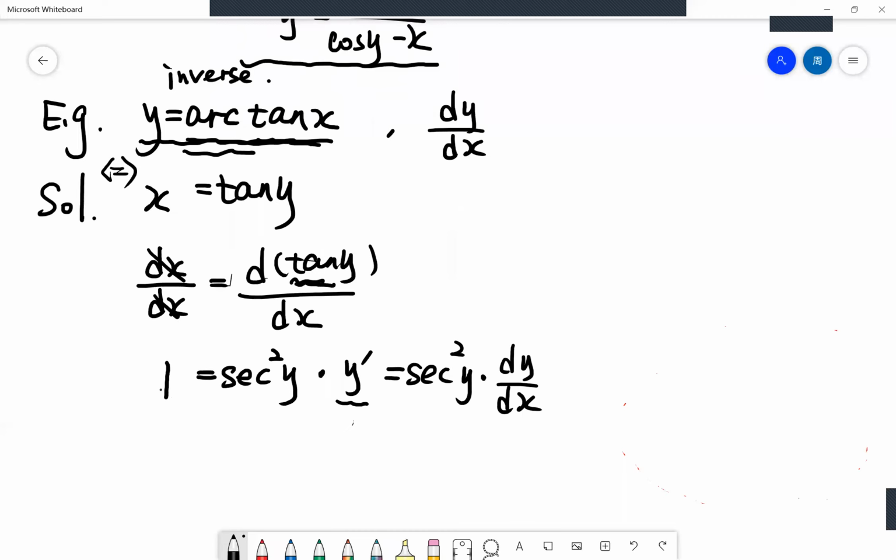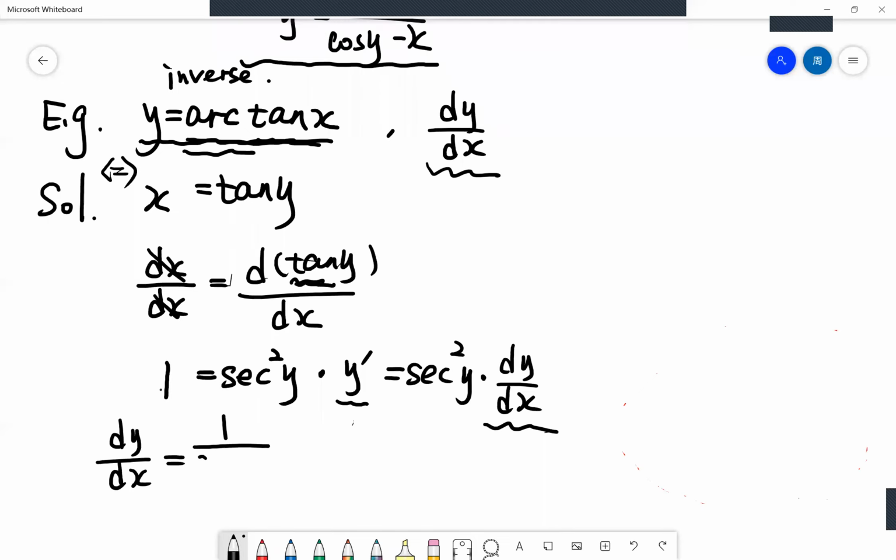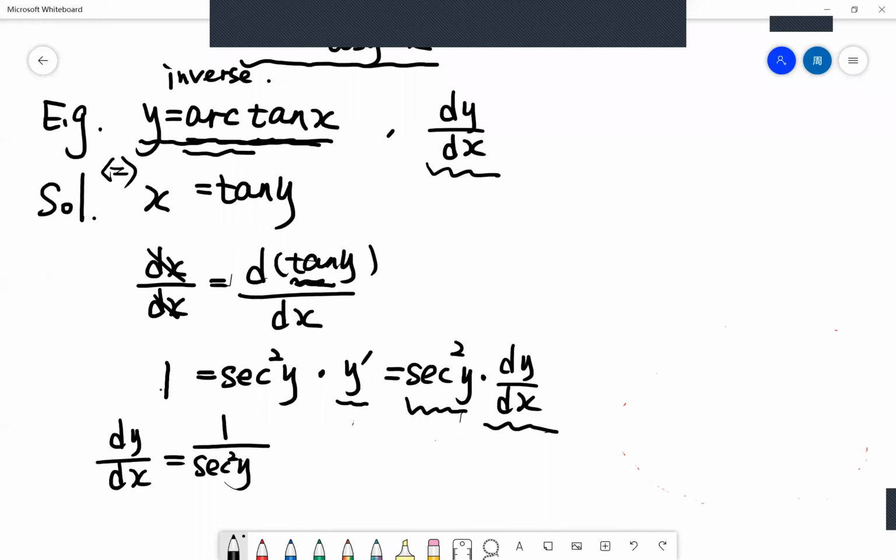We know dy by dx is what we want here, so dy by dx equals 1 by secant y squared. I just put this part on the left.